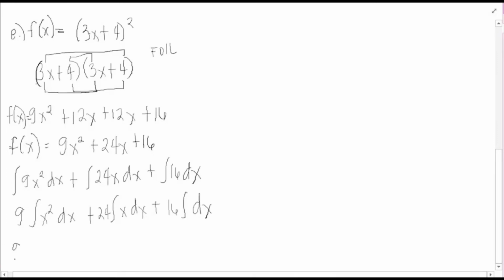So from here we have 9 times power rule x cubed over 3, diretso na lang natin, and then plus c of 1 plus 24 times x squared over 2 since 1 yung exponent dito. And then, plus 16, integral of dx is x.